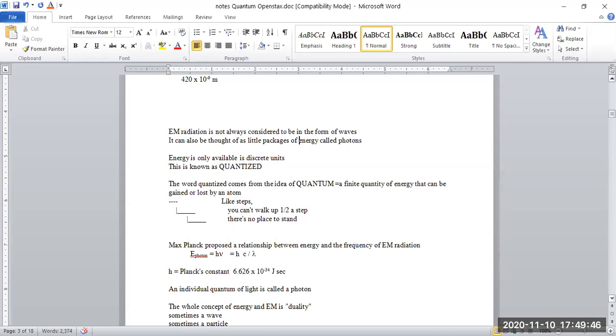Now, one of the things that's also true about a way to sort of think about this in terms of what your atom can either gain or lose, okay? You're walking up a flight of steps, kind of like layers in your atom. Well, you can't go up a half a step, okay? If you're looking at your staircase and you want to go up, if you're a little kid, you can go up one step at a time.